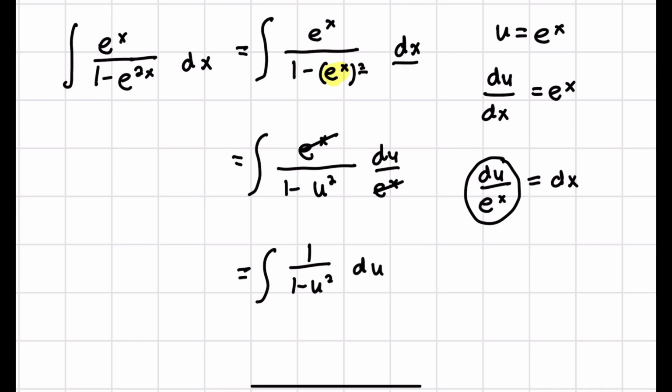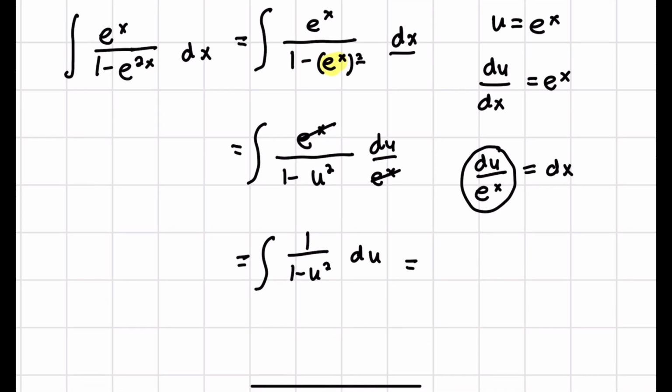And if you use some basic algebra, we know that 1 over 1 minus u squared is equal to the integral of 1/2 times 1 over 1 plus u plus 1 over 1 minus u.